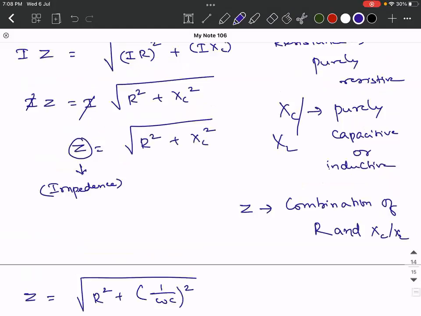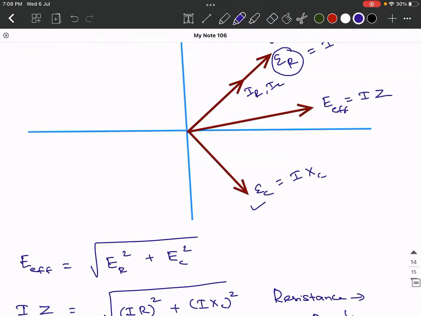Okay. And secondly, if you see the angle between the effective EMF and the EMF across the resistor as phi, then what is tan phi equal to? EC divided by ER. With respect to phi, this is the opposite. This is adjacent.